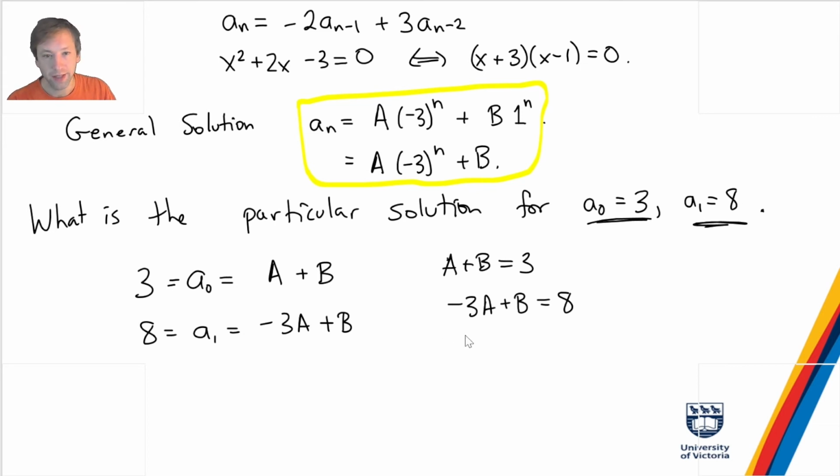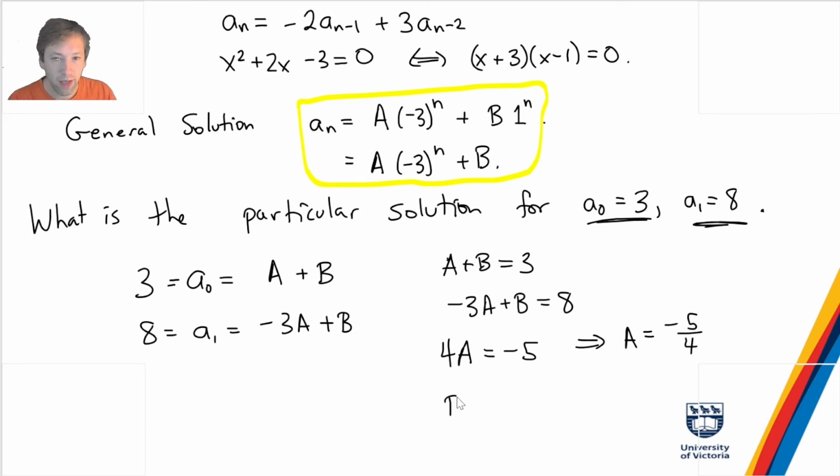Let's say I subtract these equations, so I'm subtracting the second from the first. So I get 4A is equal to negative 5. So that implies A is negative 5 over 4.